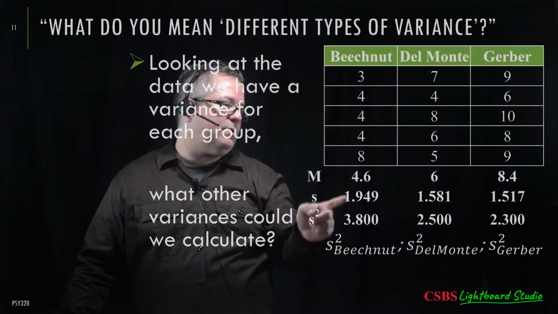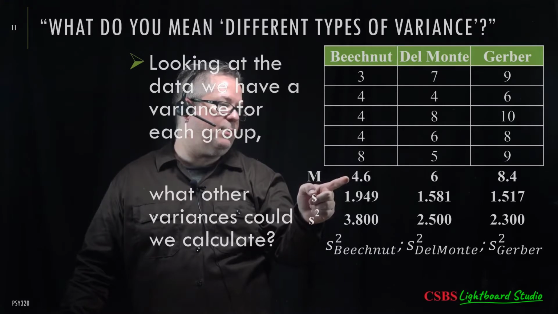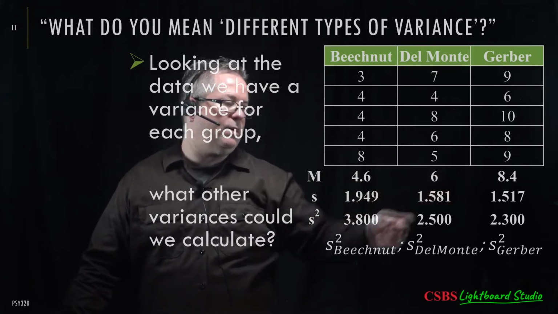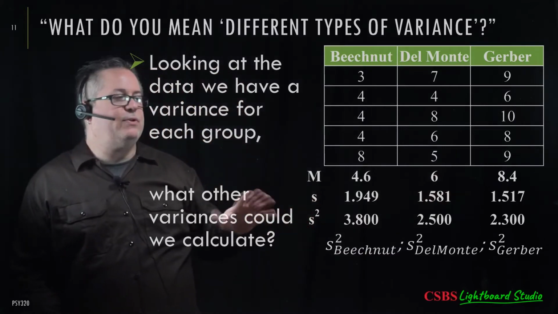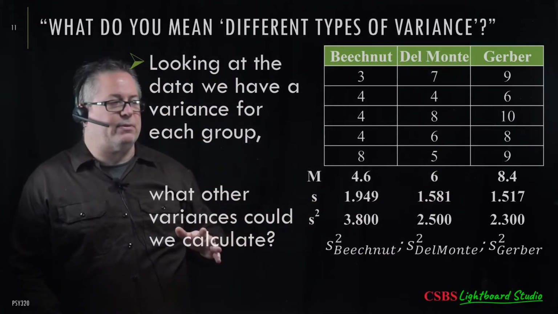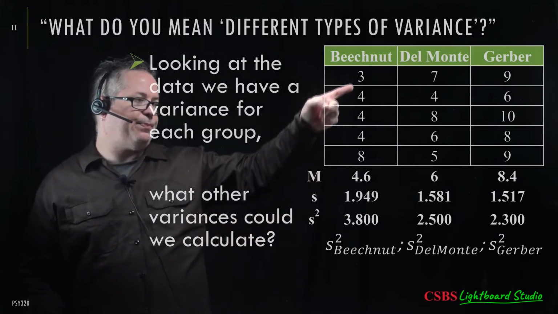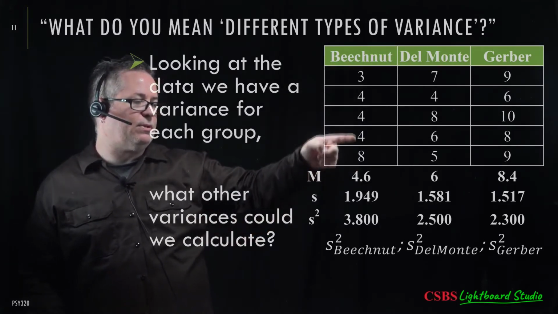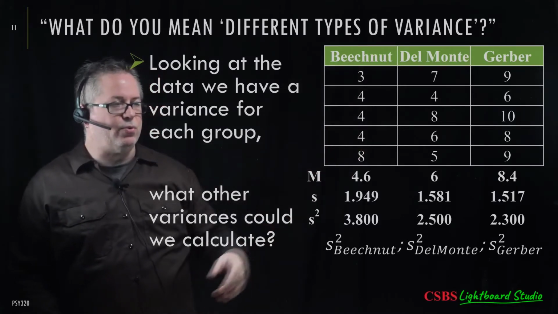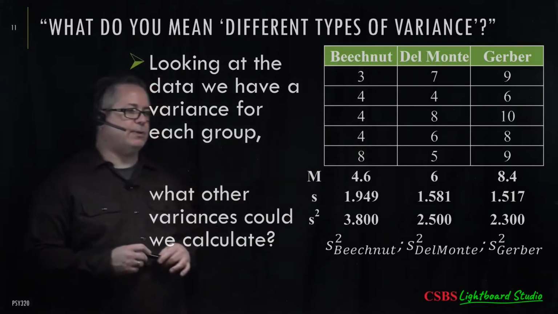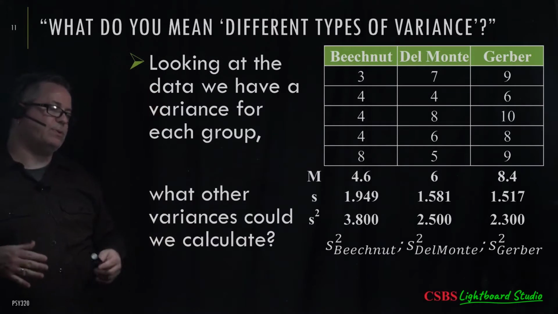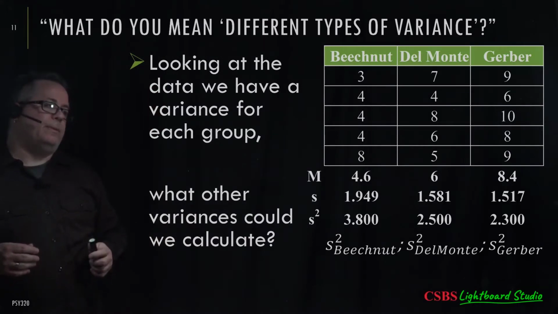And this is the mean, the M for group 1, the mean for group 2, mean for group 3. So I can actually individuate which groups I'm talking about and tell the difference. Those subscripts help tell apart which groups I'm referring to when calculating the variances when I have different groups.